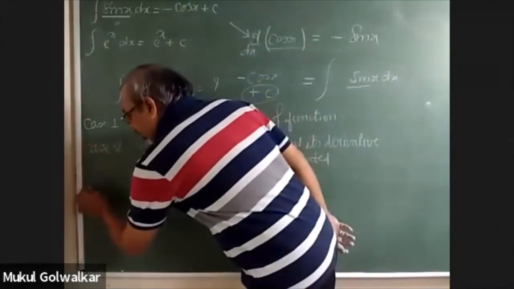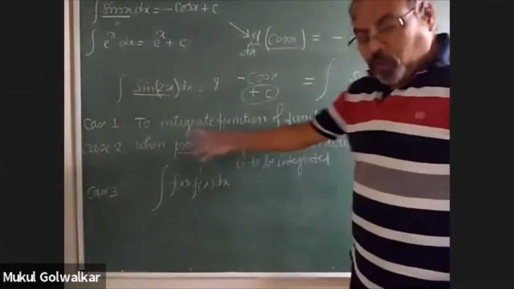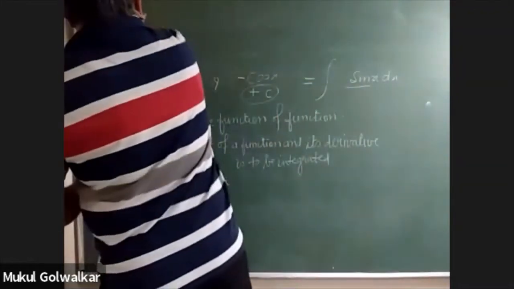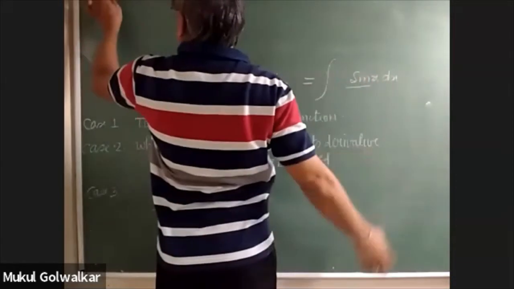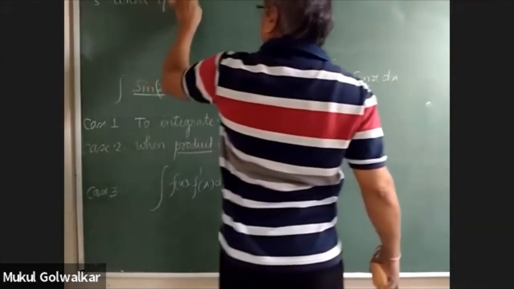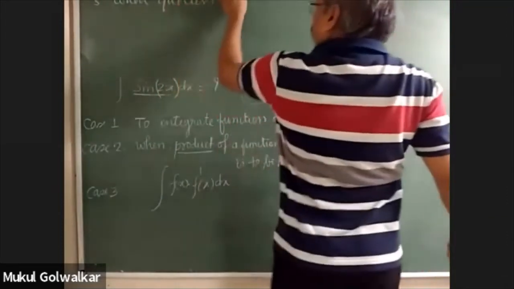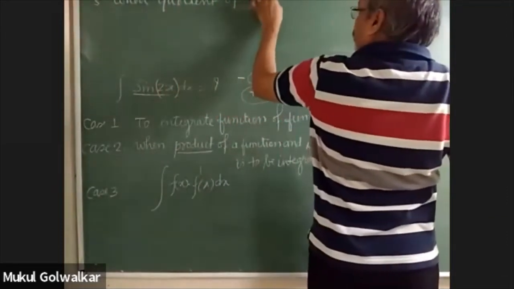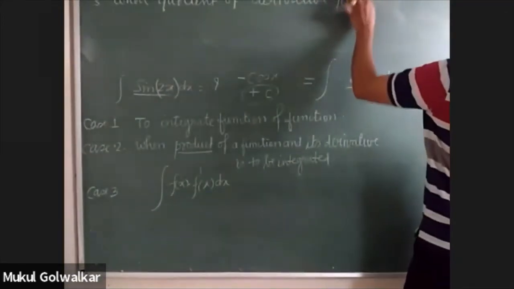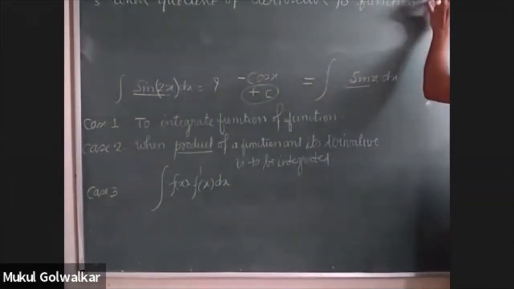And case three will be, in place of the product, the quotient. I am writing that on the top so that you all can see easily. Case 3: when the quotient of the derivative to the function is integrated.